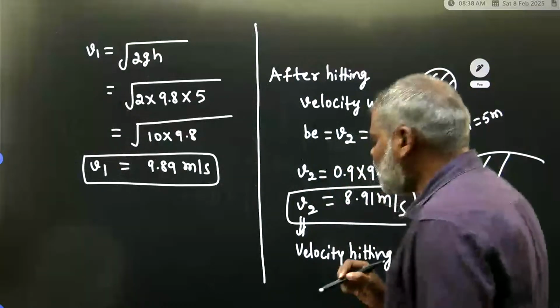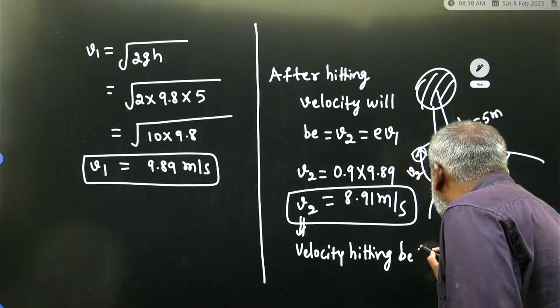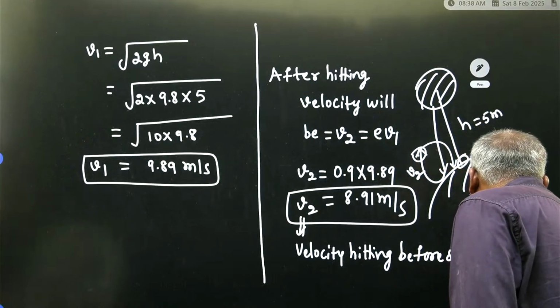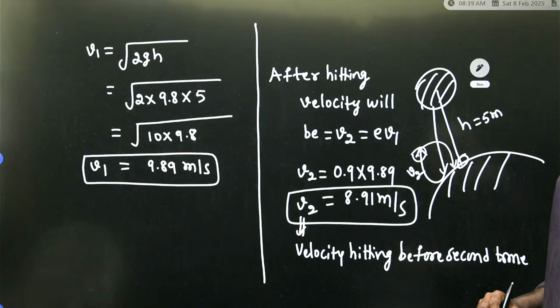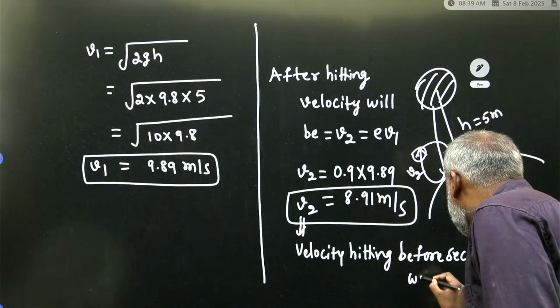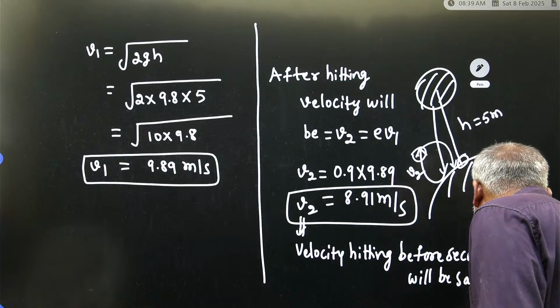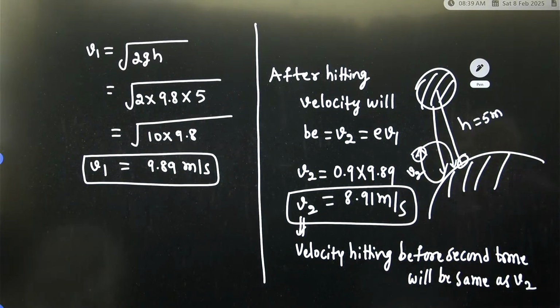The velocity hitting before the second time is the same as v2.